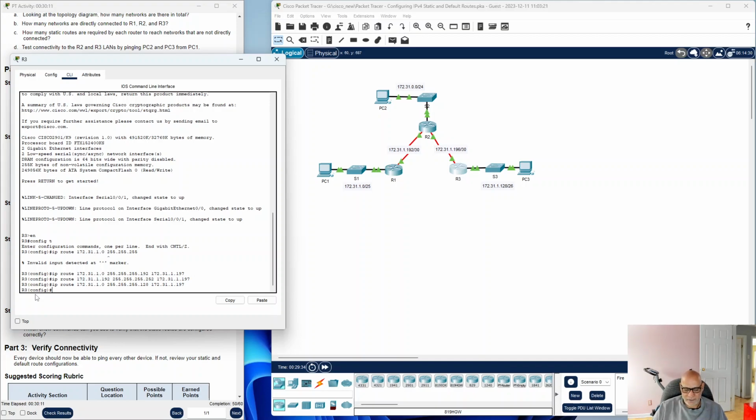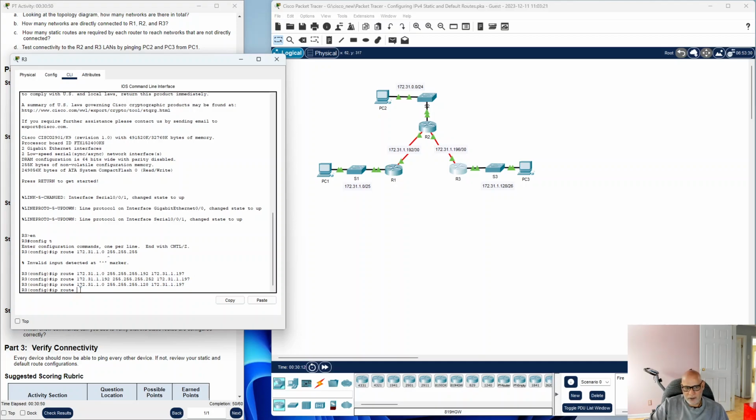So the command is ip route. A default route is a route that is not related to just one network. A default route is for any network, and it uses zero as a wildcard number. Okay, so for example, in a static route we specify the network ID, right?